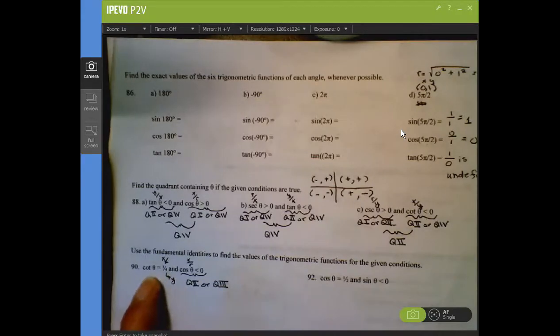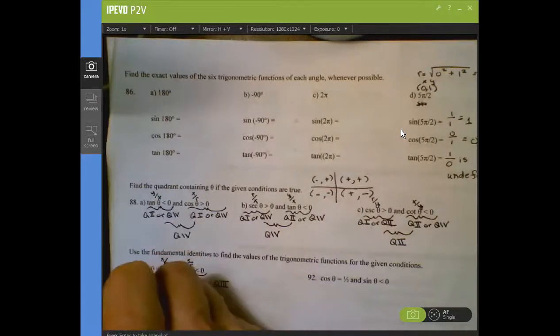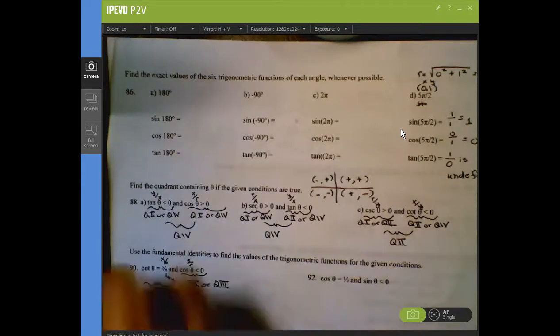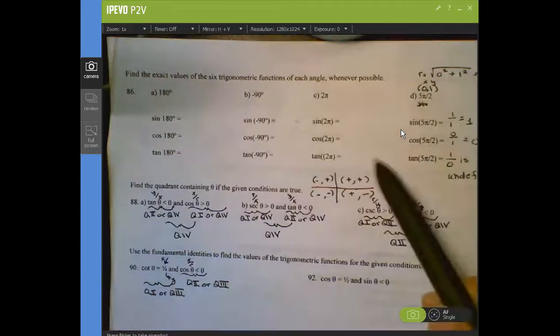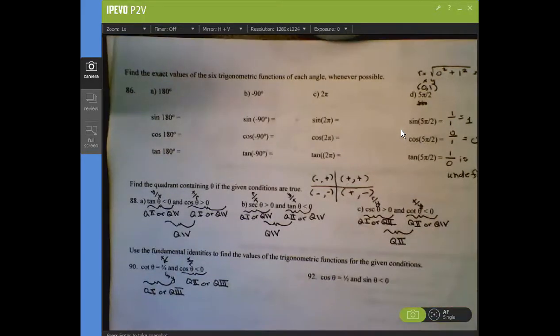Where could you divide the x by the y and get a positive? That would be the first quadrant or the third quadrant. A positive divided by a positive, or a negative divided by a negative.